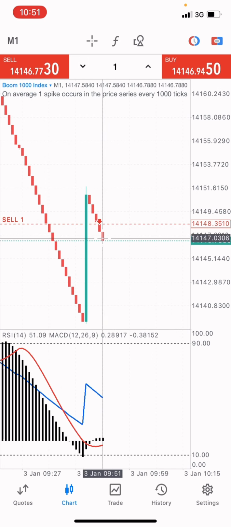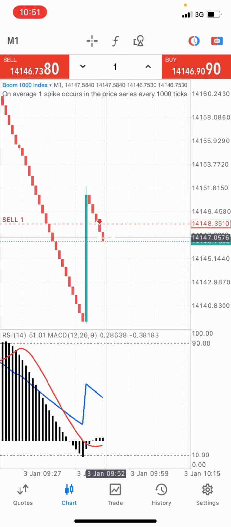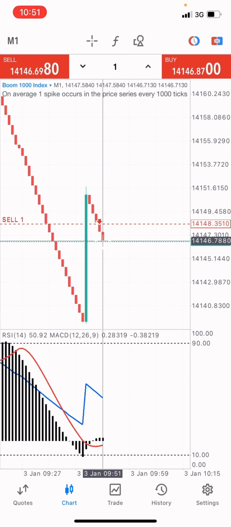This is the first one, this is the second one. So after this one, I'm going to close. So you see the reason why I'm trading, taking few candlesticks and taking advantage of price when it has gotten to overbought and oversold, is because of better risk management.